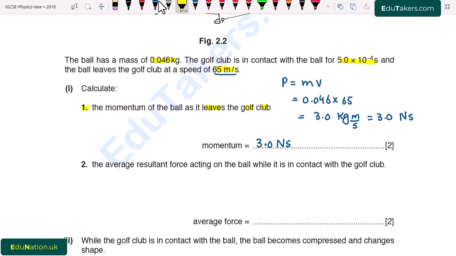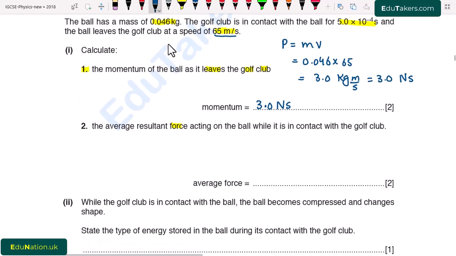Part 2. The average resultant force acting on the ball while it is in contact with the golf club. So here we have to find the average resultant force, using the formula that the product of force and time is equal to the change in momentum, m(v minus u).